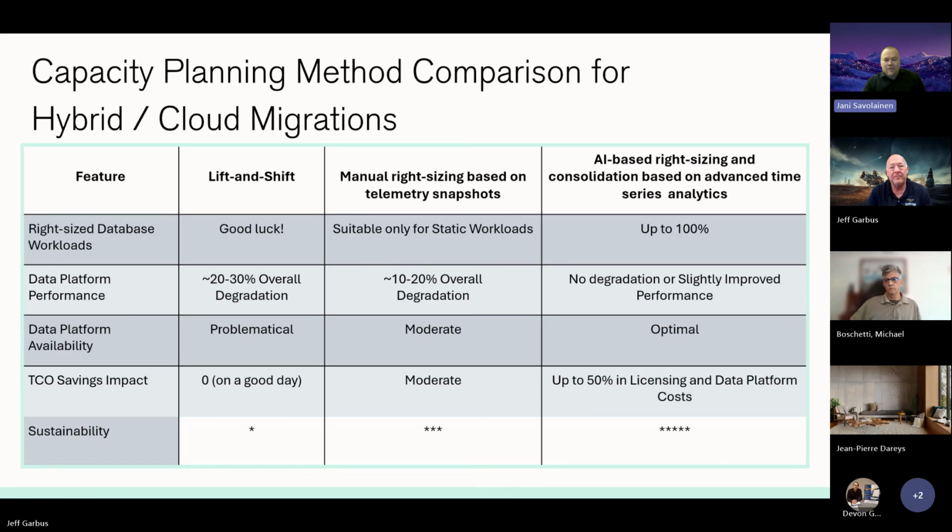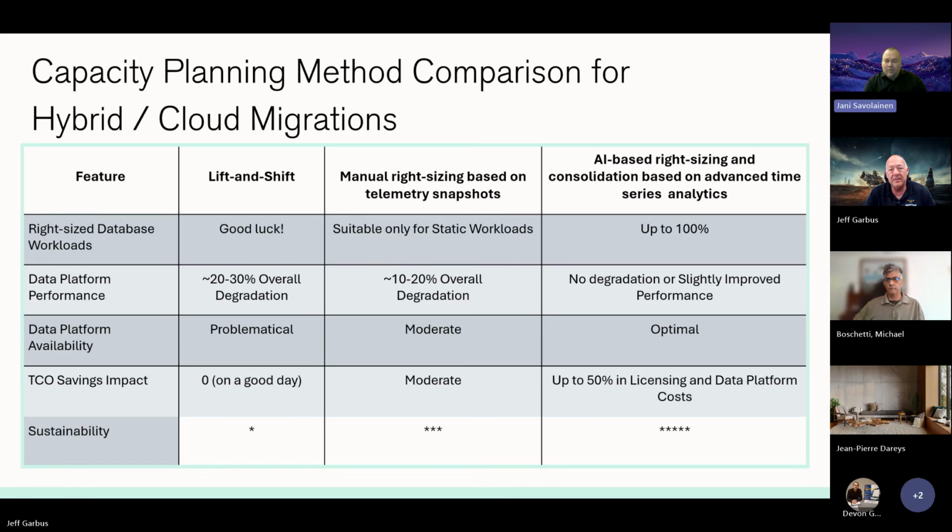But then the chipset speed is different on target, and there may be logical or physical cores. The CPU cores to RAM ratio may vary. That affects the page life expectancy, the IOPS, the throughput, the CPU, the RAM, all that stuff. So in my experience, even 30% overall degradation may happen on lift and shift.